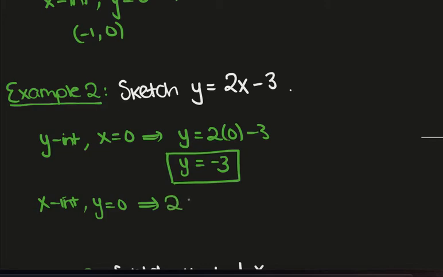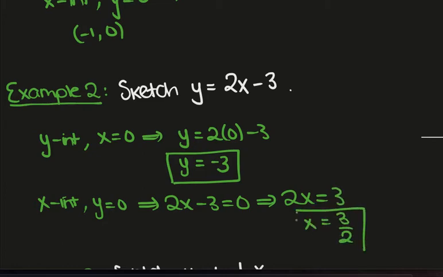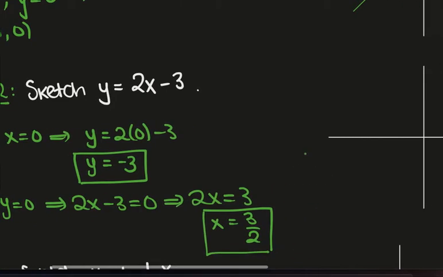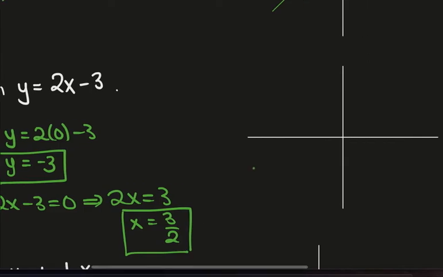So we'll have 2x minus 3 equals 0. So 2x equals 3. And x equals 3 over 2. Okay, so the x-intercept occurs at 3 over 2. The y-intercept occurs at minus 3. So we'll have something like this.